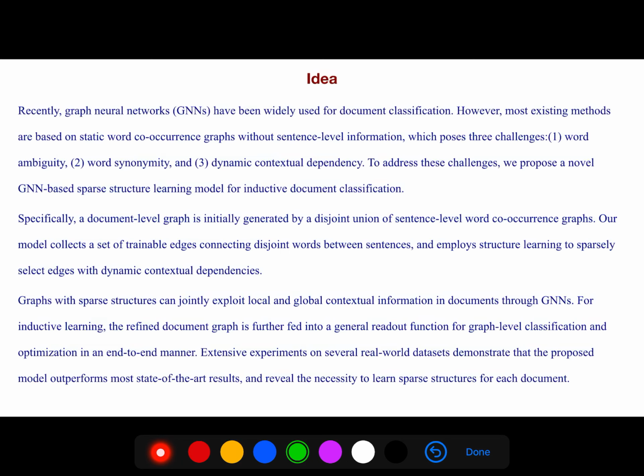Graphs with sparse structures can jointly exploit local and global contextual information in document through GNNs. For inductive learning, the refined document graph is further fed into a general readout function for graph classification and optimization in an end-to-end manner.